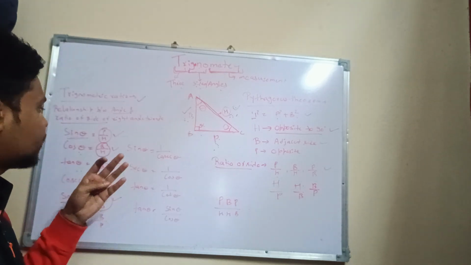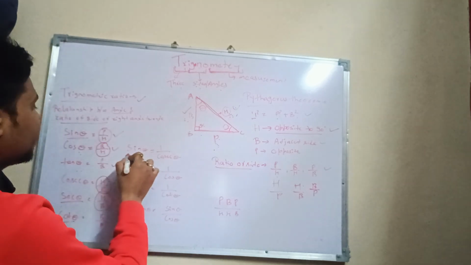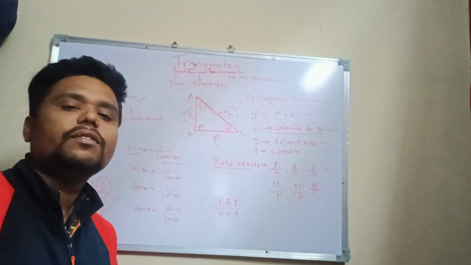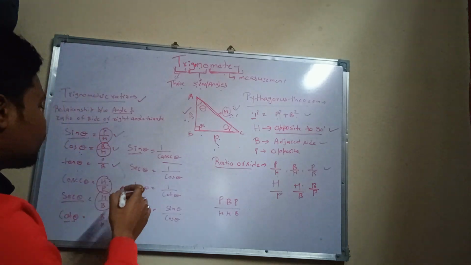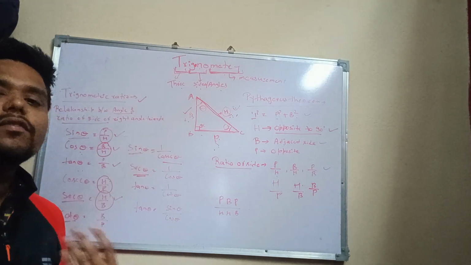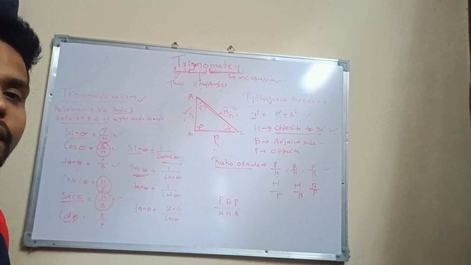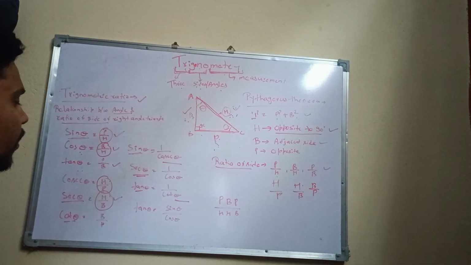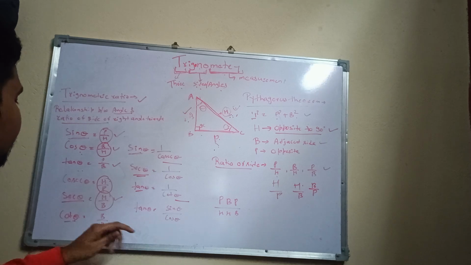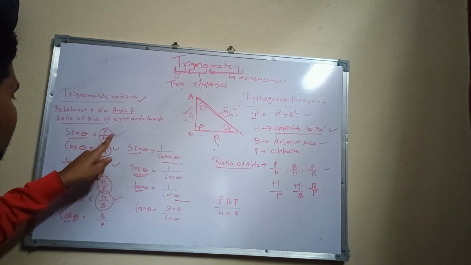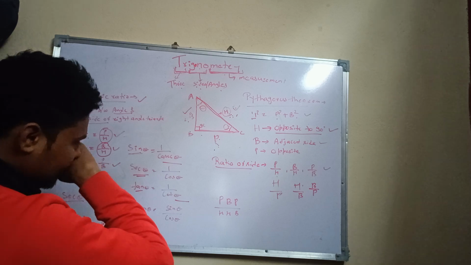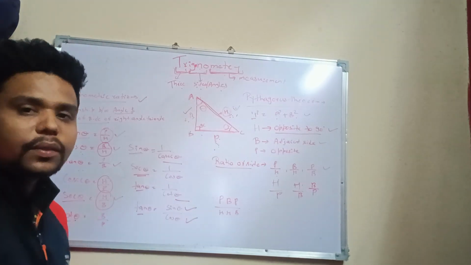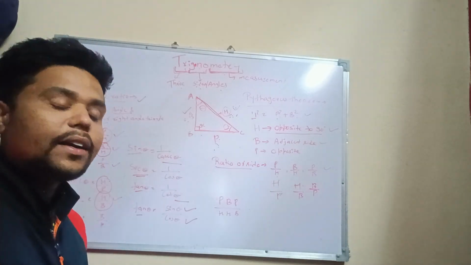As I told you earlier, sin theta is the inverse of cosec theta, or we can say the other way around, cosec theta is the inverse of sin theta. Sec theta is also the inverse of cos theta, and tan theta is the inverse of cot theta. We can also observe from here that tan theta is actually sin theta upon cos theta.